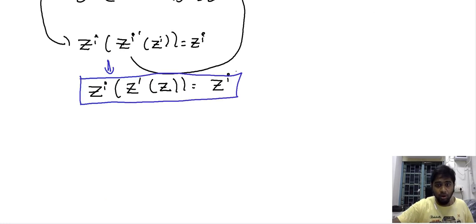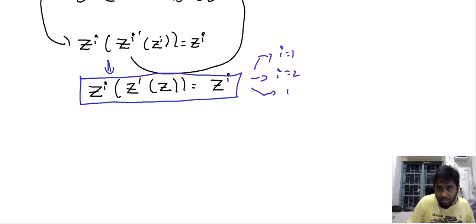Depending on the value of I, if the value of I is 1, we arrive at a single relation. If it is 2, a different expression. If it is 3, another different expression. So from this one expression, we are able to arrive at three different expressions, and the same goes for I prime as well.